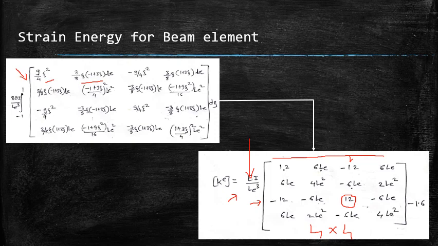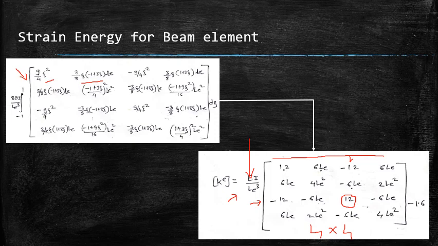This is one of the reasons why the integration has become simpler and less time consuming, because these integrals contain square of zeta and cube of zeta, and we can easily find that the integral of zeta square is 2 by 3 within the limits minus 1 to plus 1.